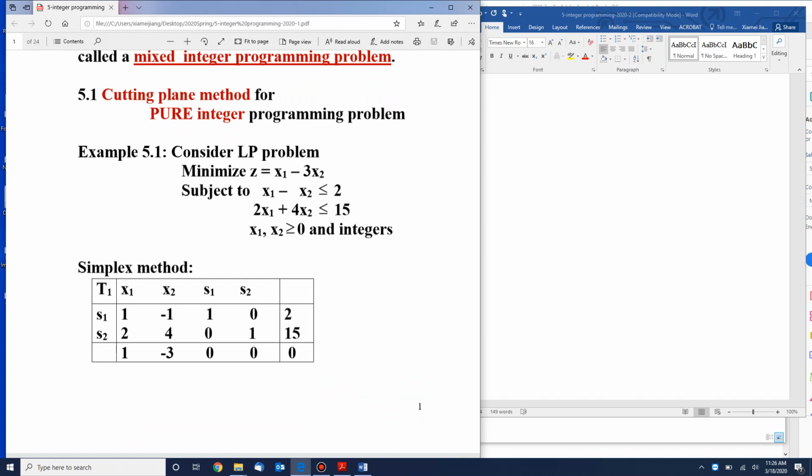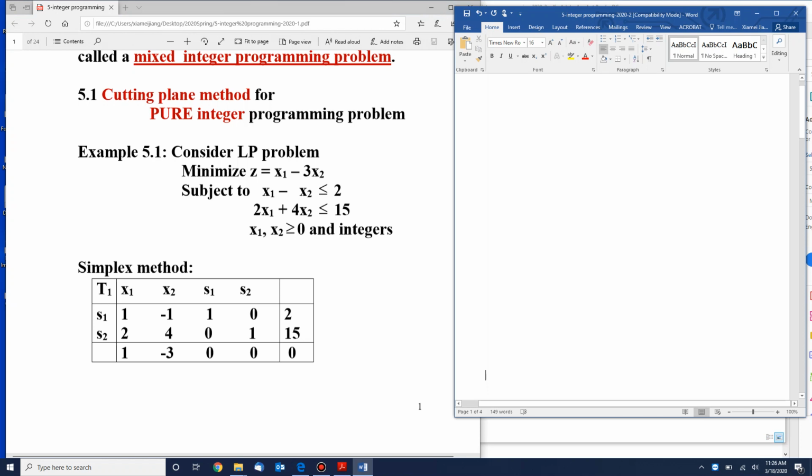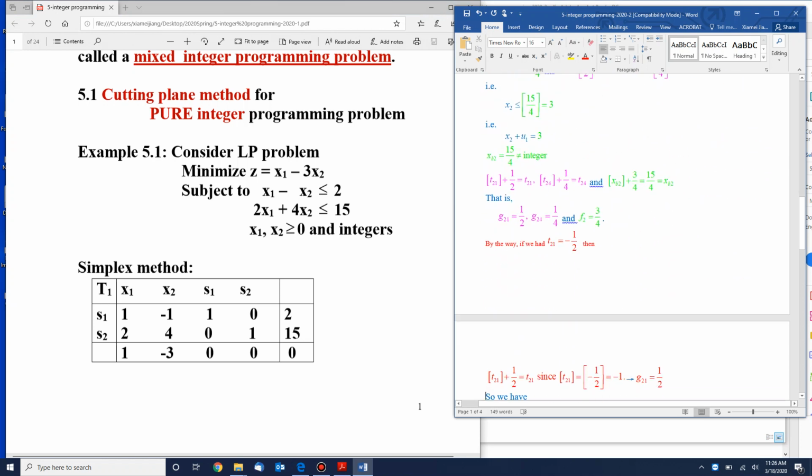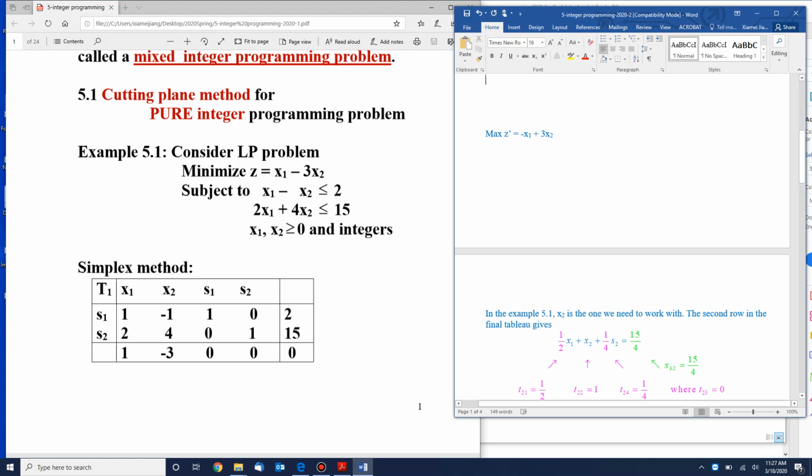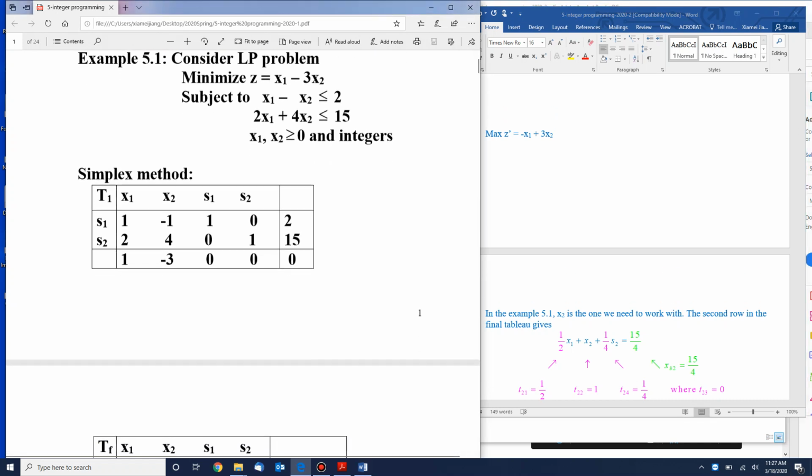Here we consider an LP problem as a minimization problem, but if we simply change this to maximization, just turn it into z prime equals minus x1 plus 3x2, then we can use the simplex method, build up an initial tableau and solve it.